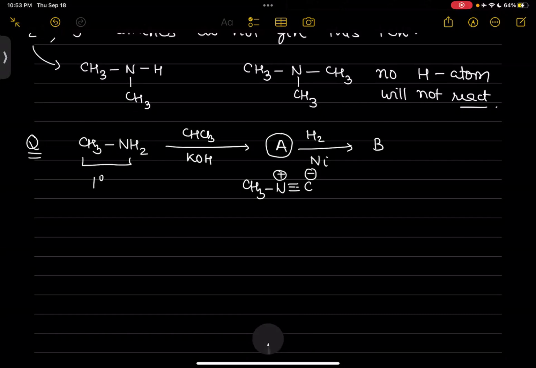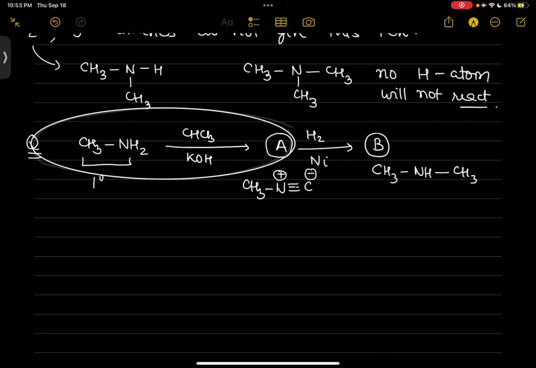Yes, sir. So what happens with the catalytic hydrogenation reaction? All the double bonds will go and you will have H-H connected. So what you will have is CH3NHCH3. Got it. This step A to B is not the isocyanide test. Only the earlier portion is the isocyanide test. Understood or not? Yes.